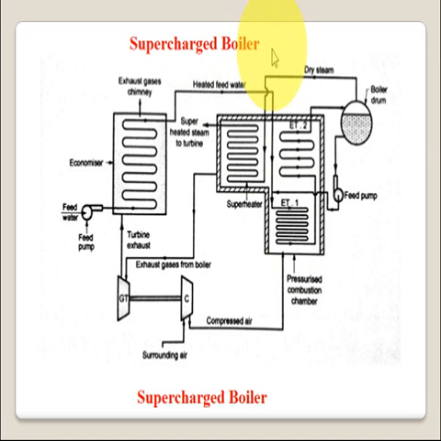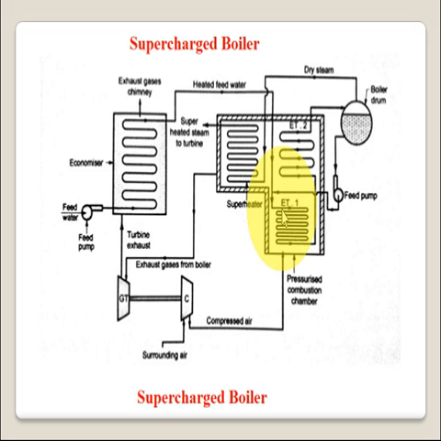So in a supercharged boiler, we have an axial flow compressor which supplies compressed air to the combustion chamber. We have a feed pump which draws water from the hot well and supplies it to the economizer. In the economizer, this feed water takes heat from the exhaust gases going to the chimney, and the slightly heated water further flows to evaporative tube 1, ET1.